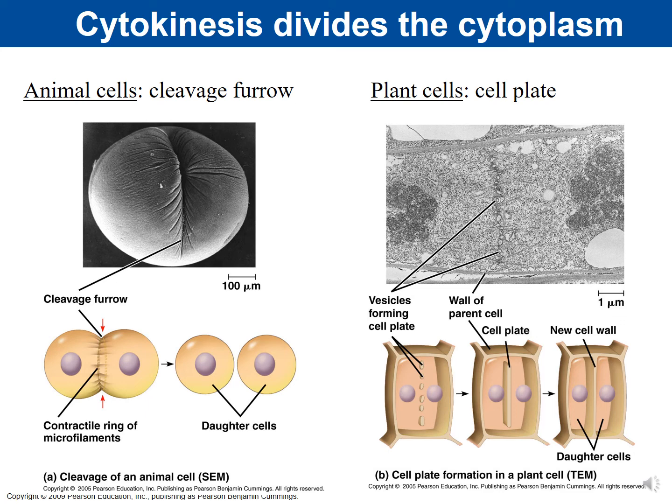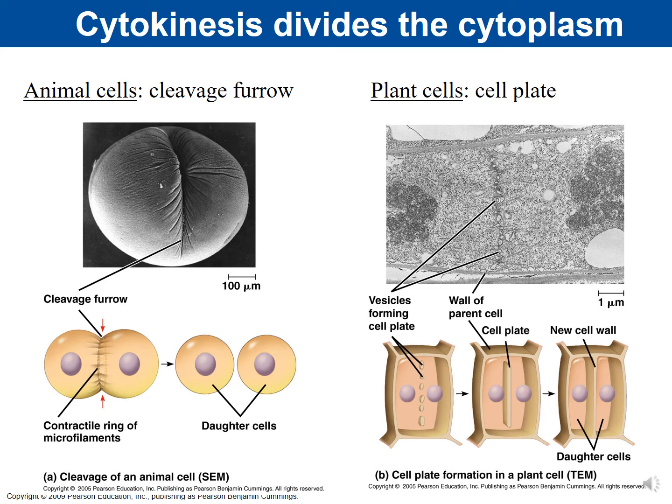So the way that plant cells and animal cells divide their cytoplasm is different because plant cells have a cell wall, animal cells do not. So what you're going to see is that if we look at the differences between plant and animal cells, animal cells are going to divide using a cleavage furrow.